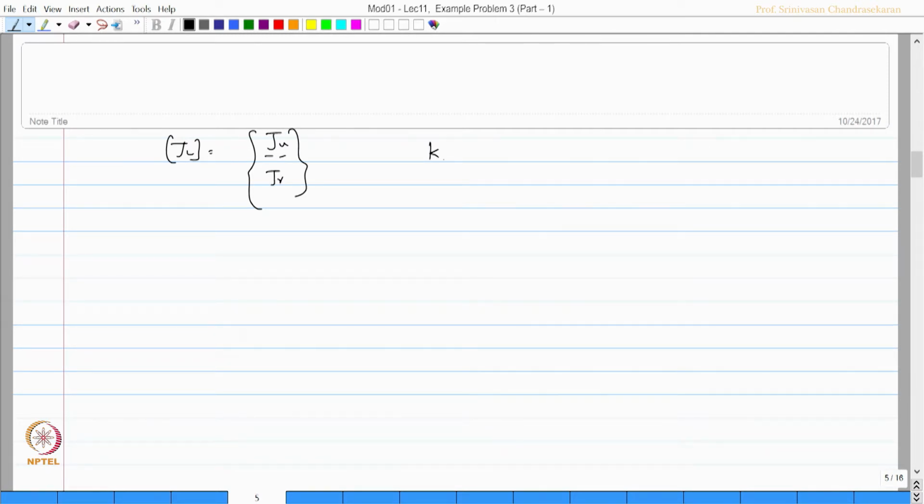Then K unrestrained with displacement unrestrained is the joint load unrestrained. So, we obtain delta u, which is K u inverse times the joint load unrestrained. So, we can get the unrestrained displacements, and friends, we all now remember the restrained displacements will be 0.